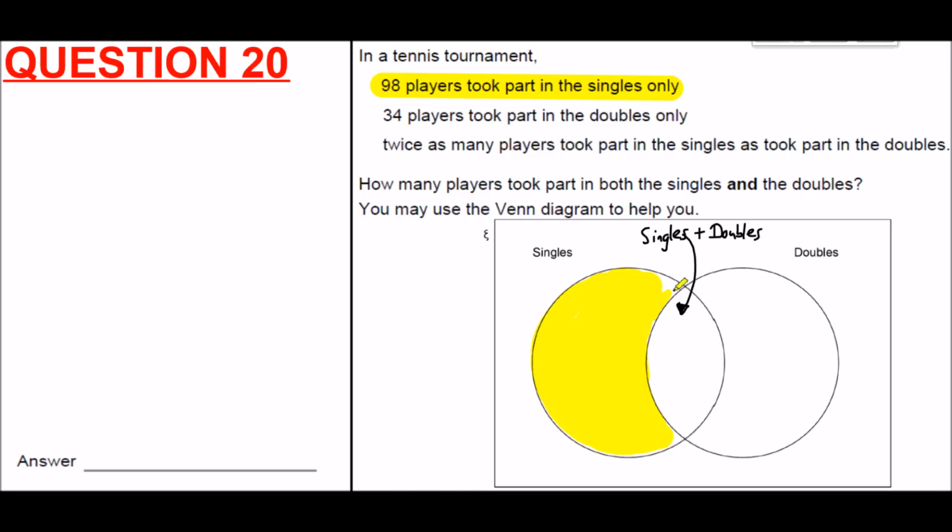So it's a bit that doesn't touch the doubles circle at all. And so in this bit of the circle belongs those 98 players. At the other side, the other circle, we're told that 34 players took part in the doubles only. So the doubles only is over here at this side.